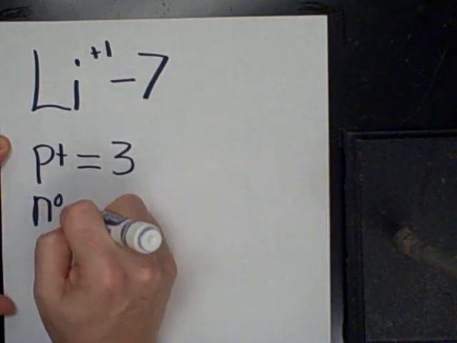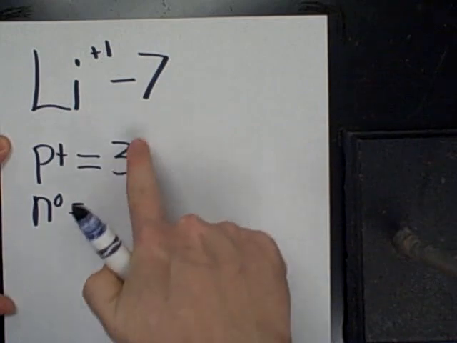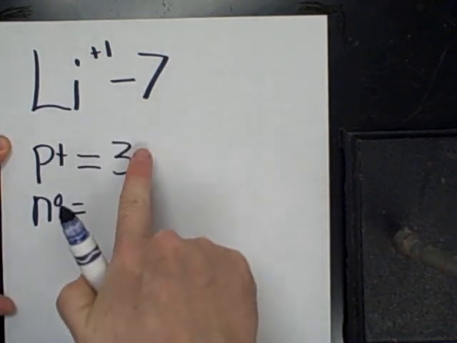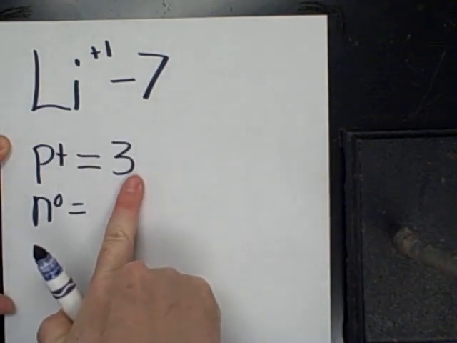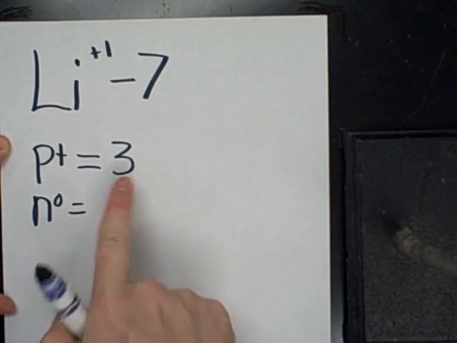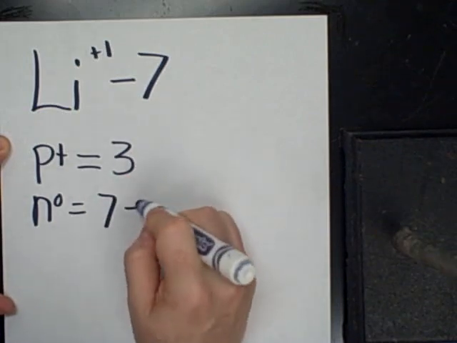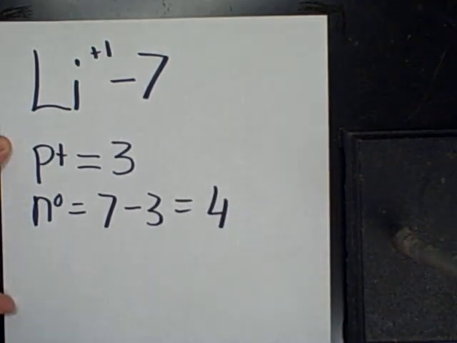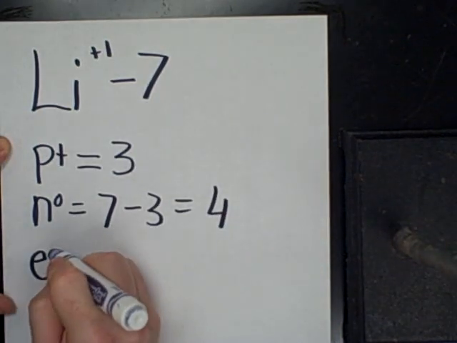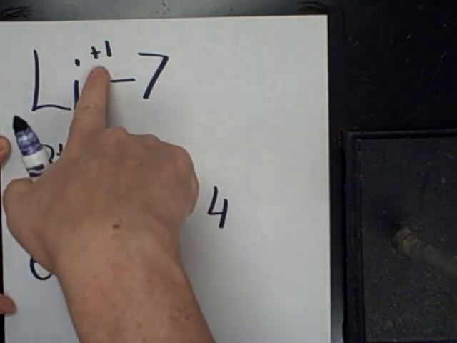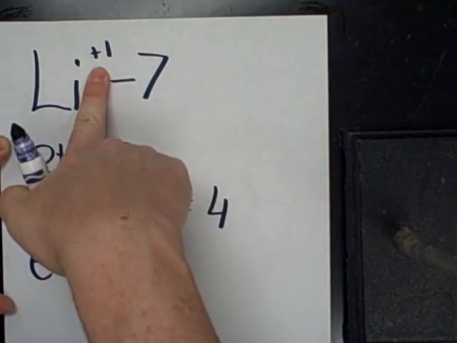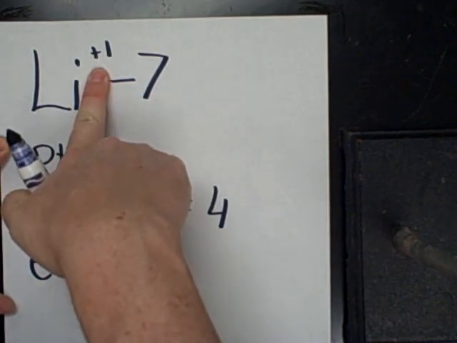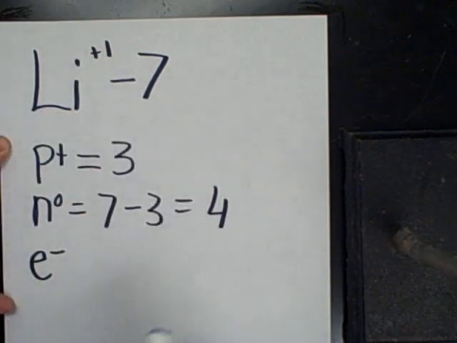Neutrons, again, we take the mass and subtract the number of protons. So 7 minus 3 is 4 neutrons. Electrons: this has a +1 at the top of it, so it's not a neutral atom, so we have to calculate.